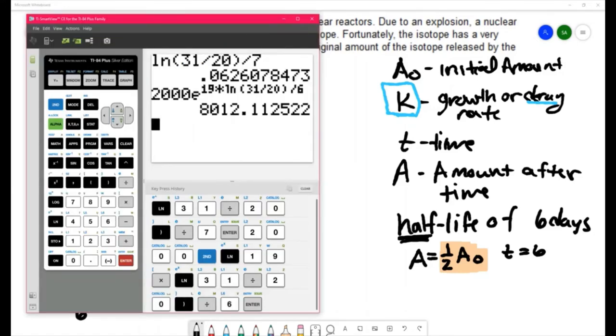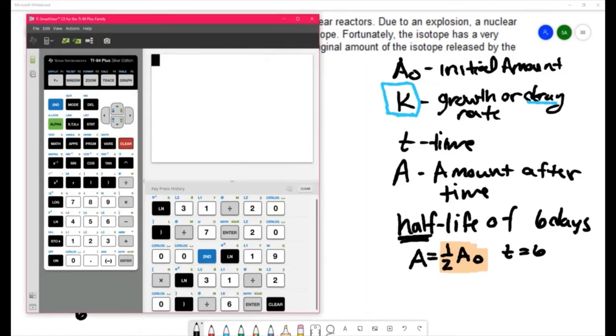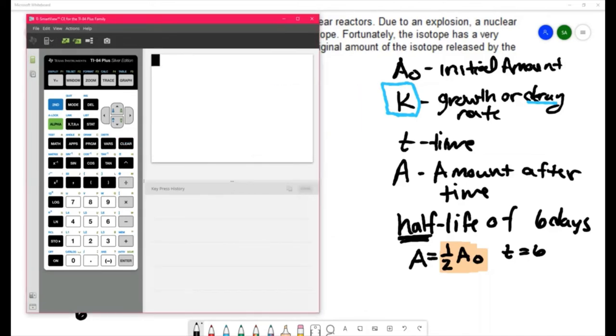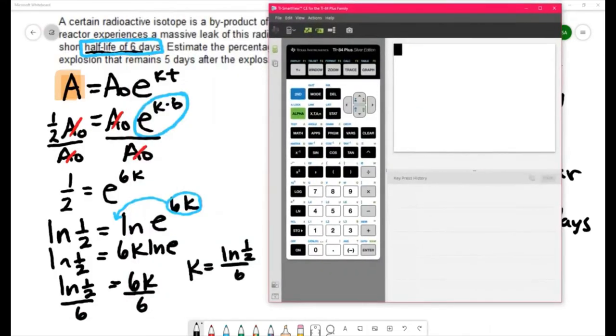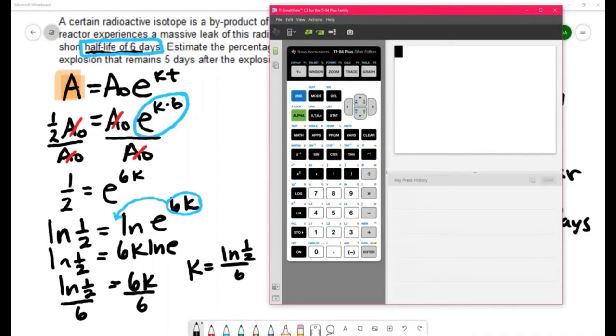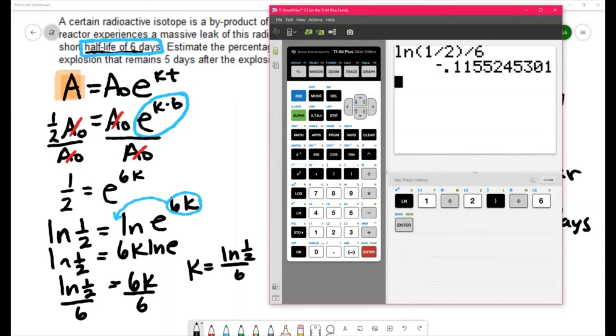I'm going to type this into my calculator. Let me clear these buttons so you can follow along on which ones I pushed. So we have natural log of 1/2 over 6, and this is going to be my decay rate. You can see that decay rate came out to be negative. We're going to round to 3 decimal places.